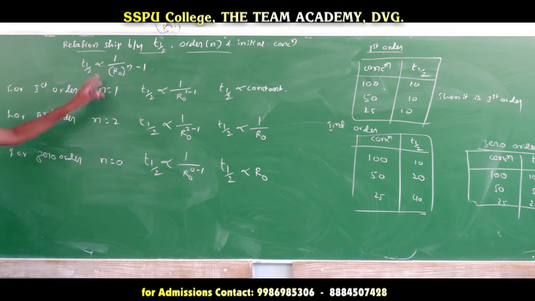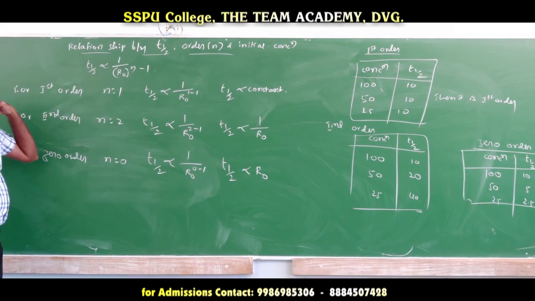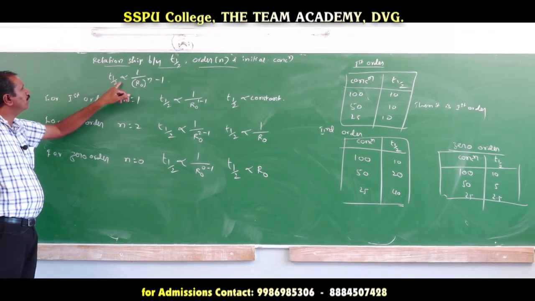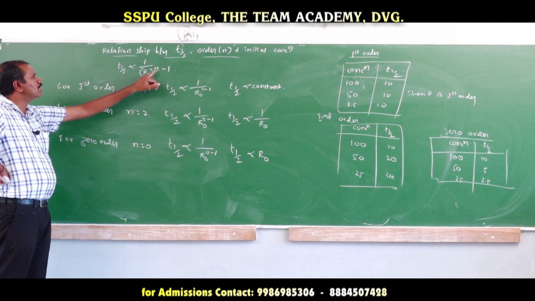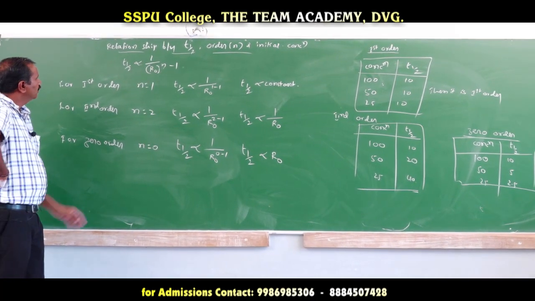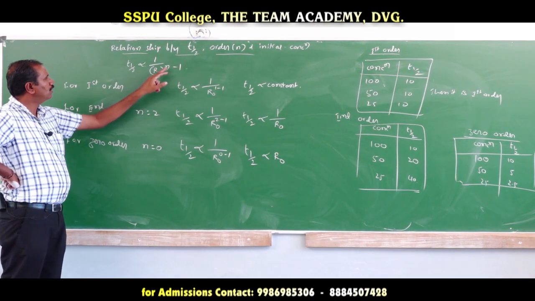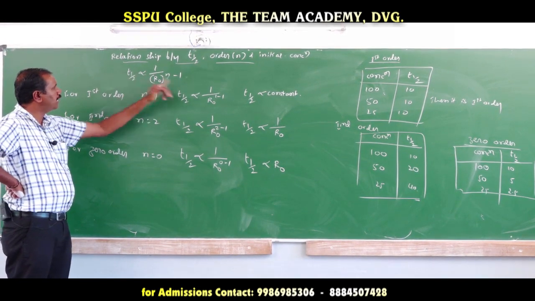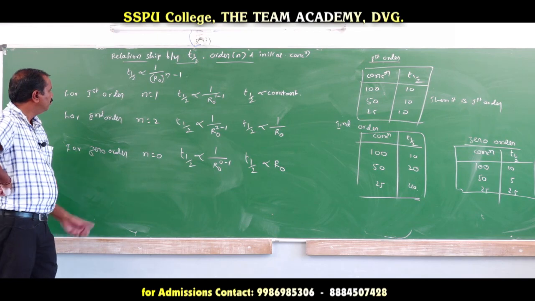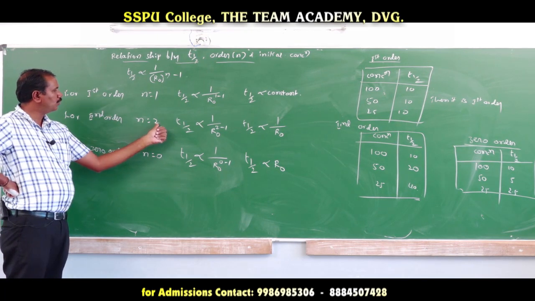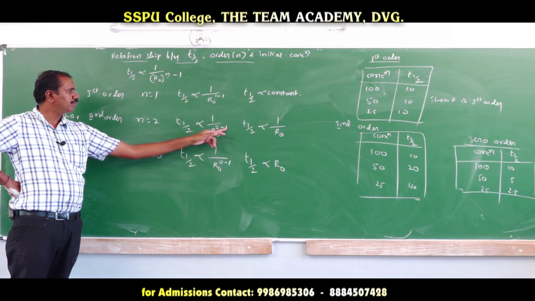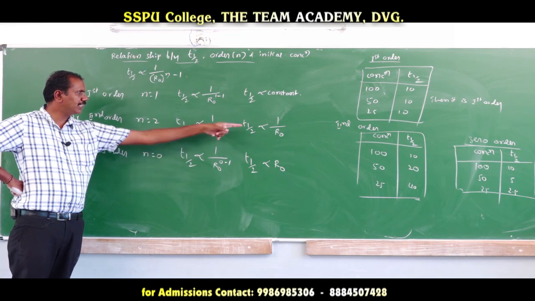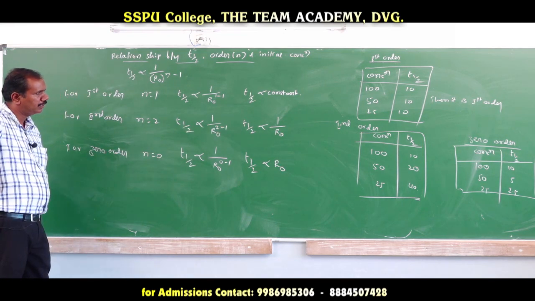So the relationship between T half, order and initial concentration is that T half is directly proportional to 1 by R naught to the power of n minus 1. For first order, n value is 1, 1 minus 1 is 0, R naught to the power 0 means T half remains constant. For second order, n value is 2, 2 minus 1 is 1, so T half is inversely proportional to initial concentration.